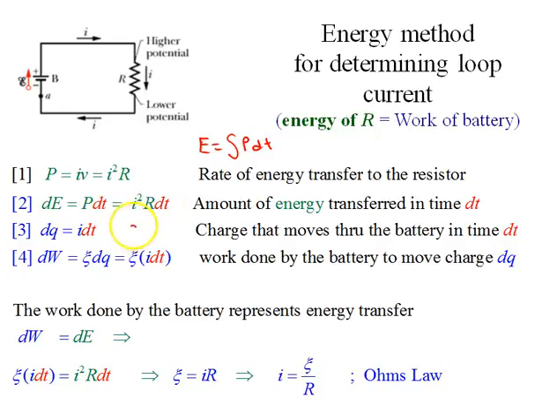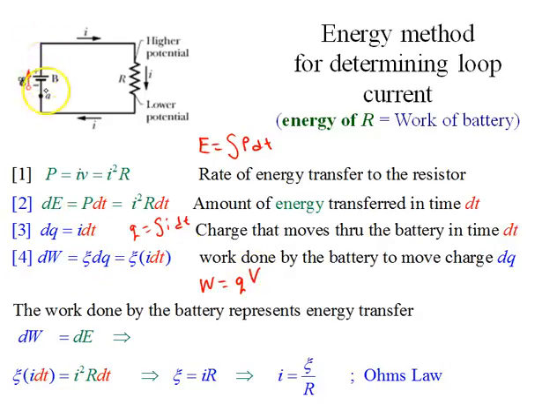We know that Q is equal to the integral of I dt, so our small amount of charge is equal to the current flowing in that small amount of time. Then we can use our work equation. Work is equal to Q delta V, and that delta V is our EMF here.